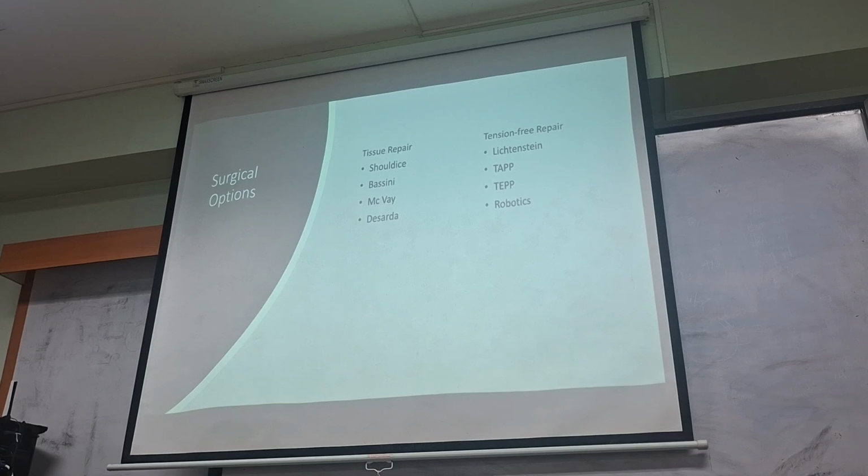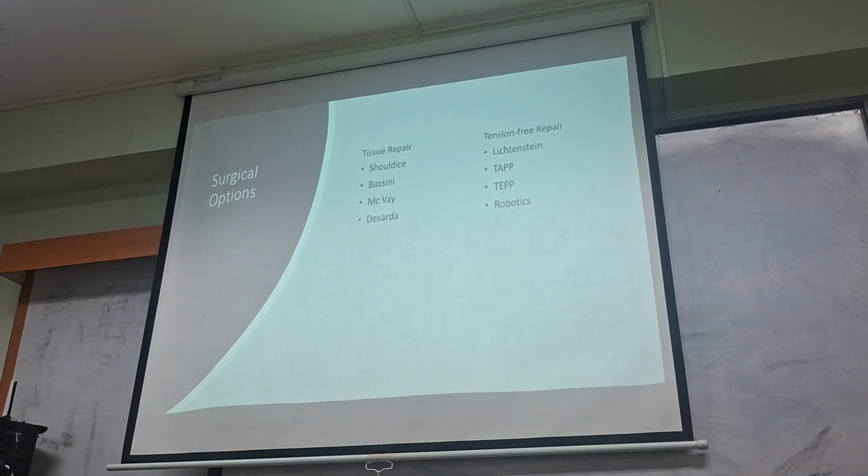So the term used is a scaffold, no? It's going to be a template where the granulation tissue is going to grow inside, within, or around the mesh. So there is no tension involved. That's why it's called a tension-free technique.